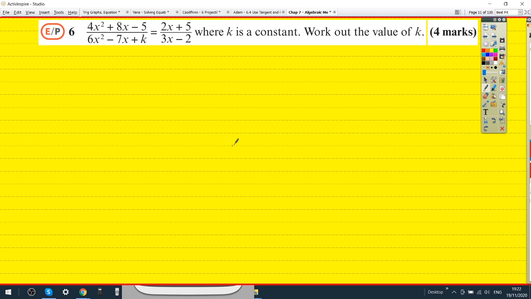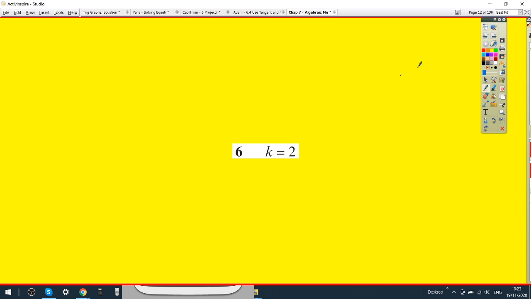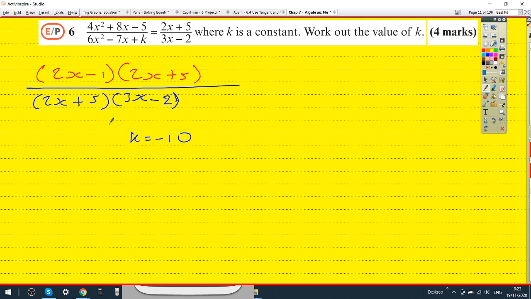I got the top half of the fraction: 2x minus 1 and then 2x plus 5. And for the bottom half I got brackets 2x plus 5 and then 3x minus 2. Okay, and so what about k? k is on the bottom half, so would k be minus 10? I didn't check. 2. What was on the bottom, sorry? I got 2x plus 5, 3x minus 2.